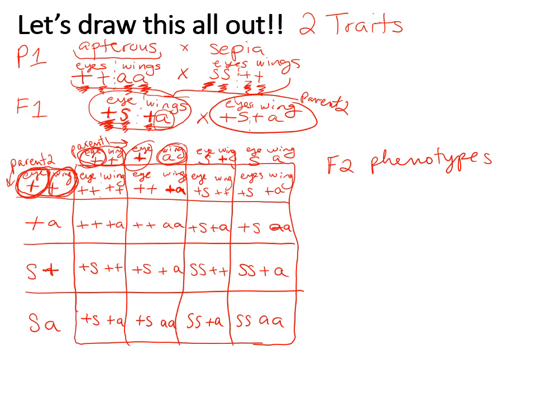You can either see a fly that has wild type eyes and wild type wings, or you can see a fly that has wild type eyes and mutant wings, which we'll write as APT for apterous wings, meaning it has no wings at all.